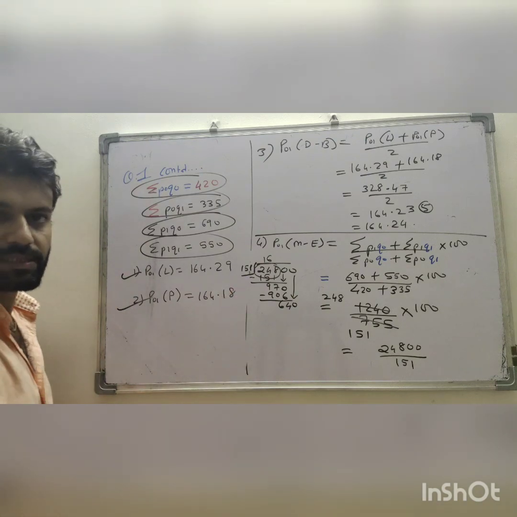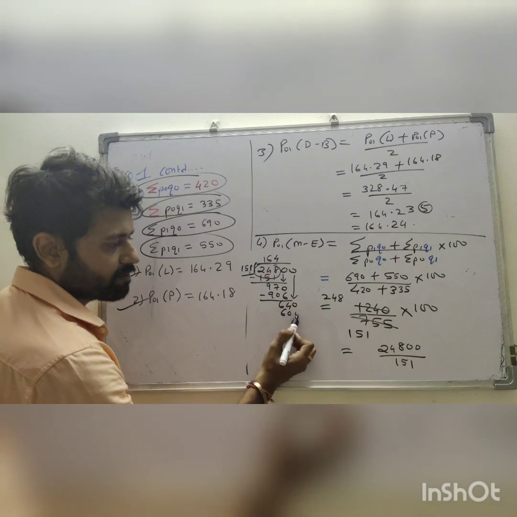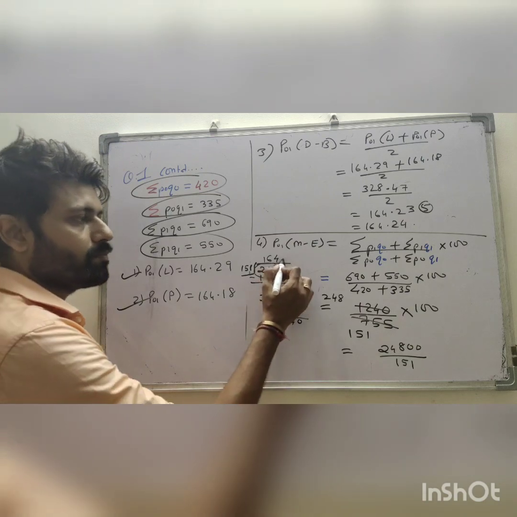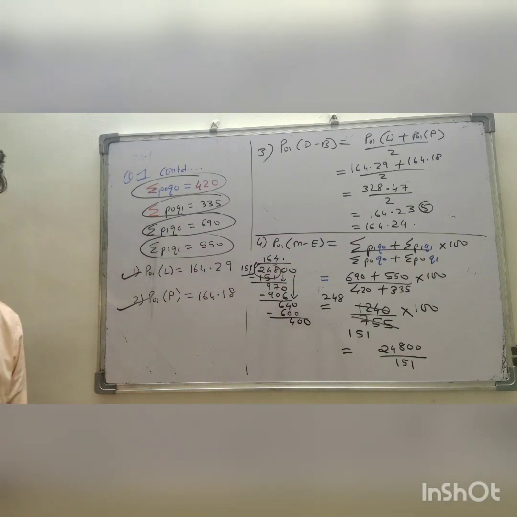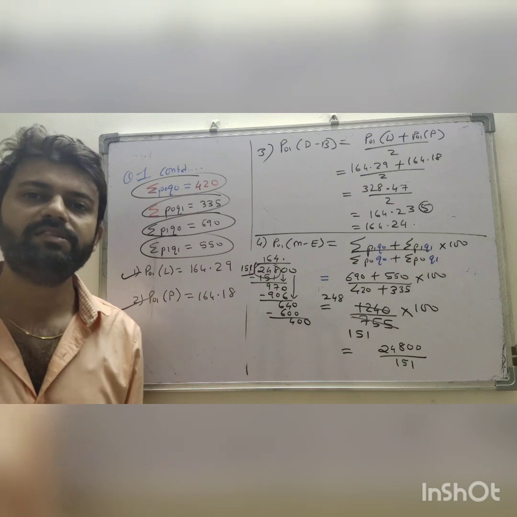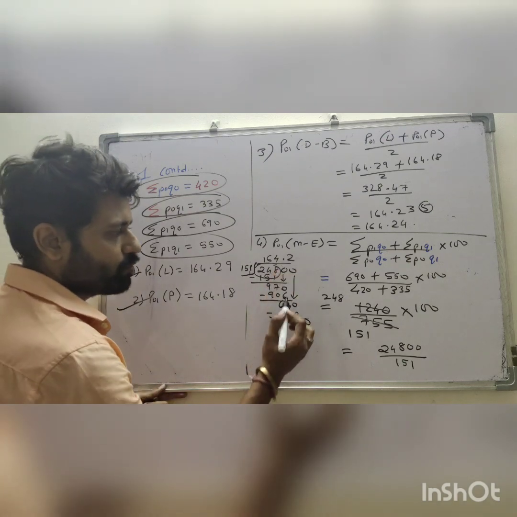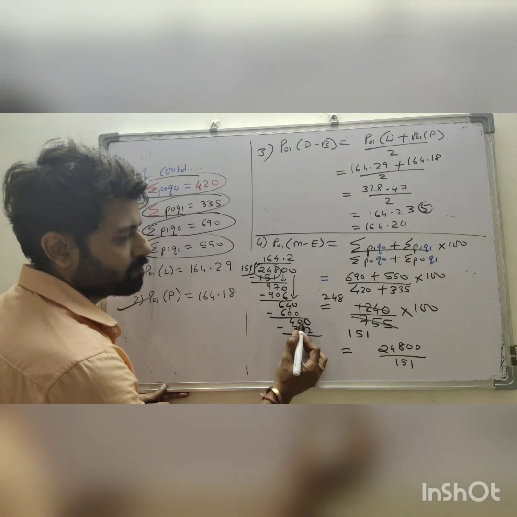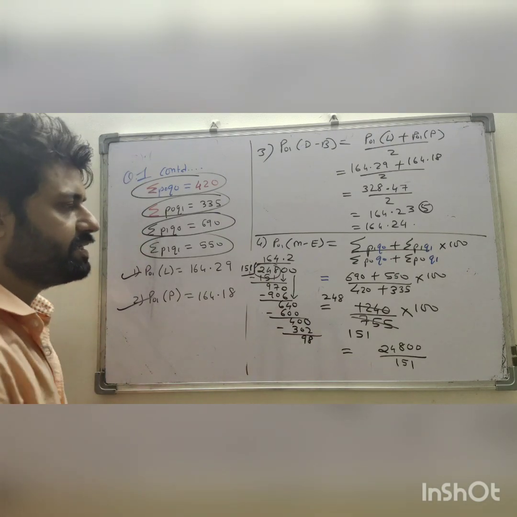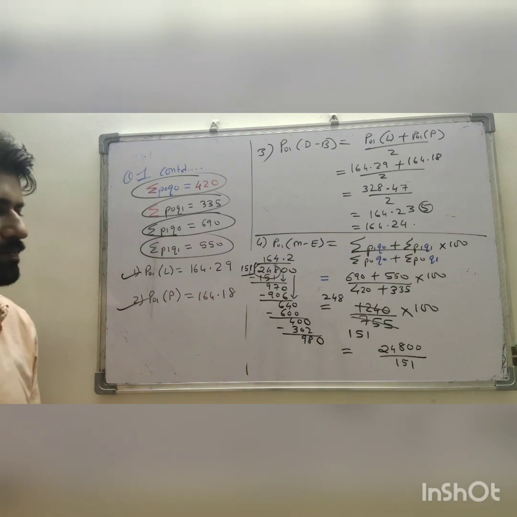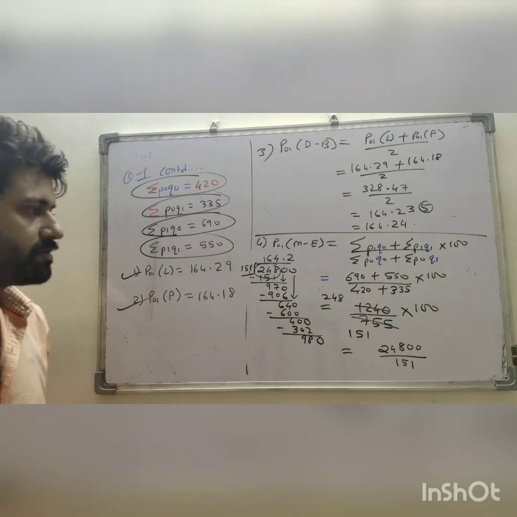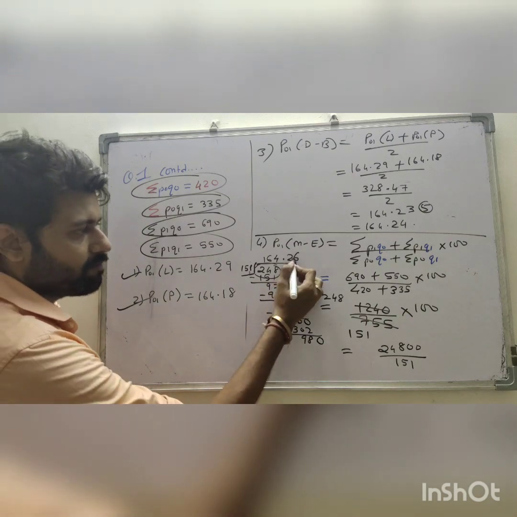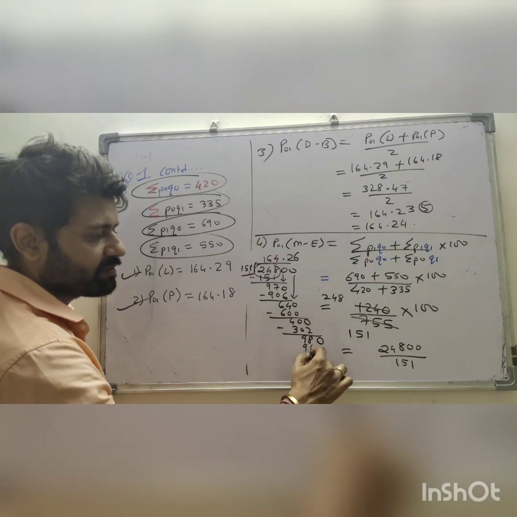15 fours are 60. Put a decimal, use 0. 400. 15 threes are 45, 450. Twos are 300, so 302. On subtraction we get 98. Bring one more 0, 980. We have done it earlier. 6 is 906.